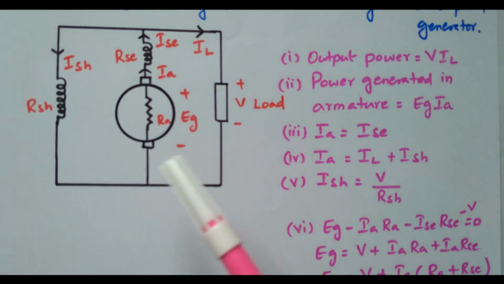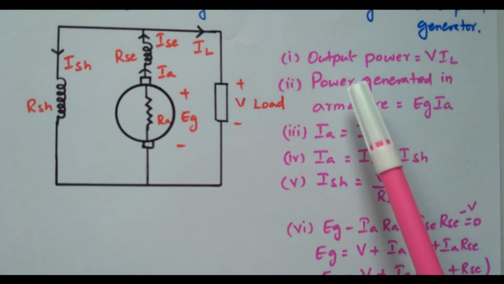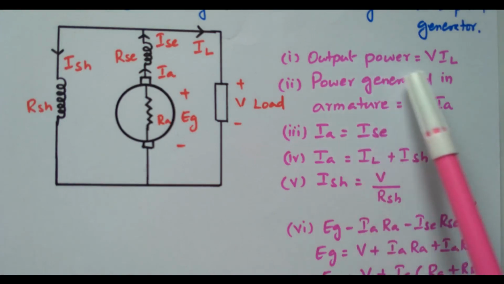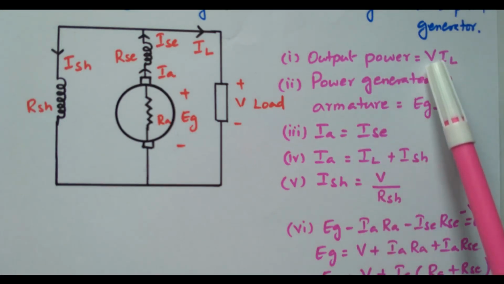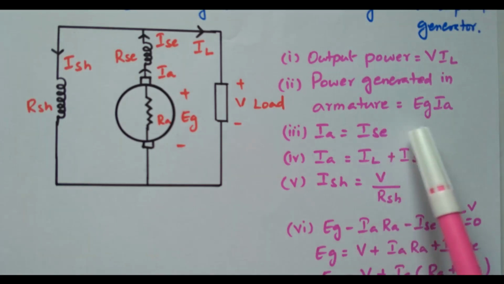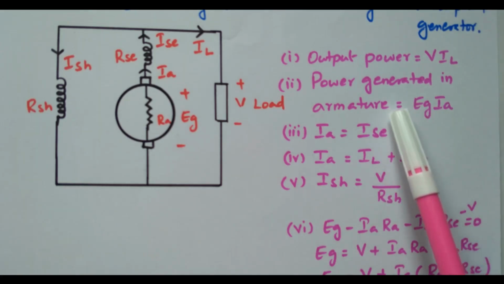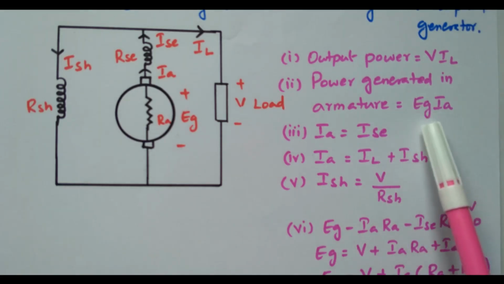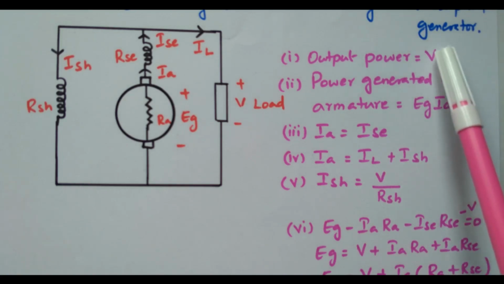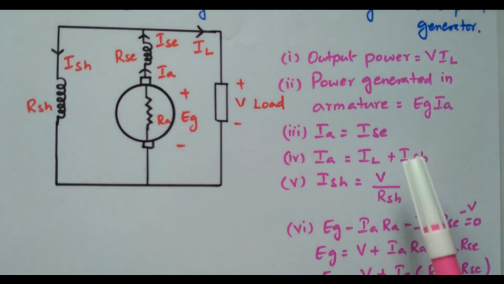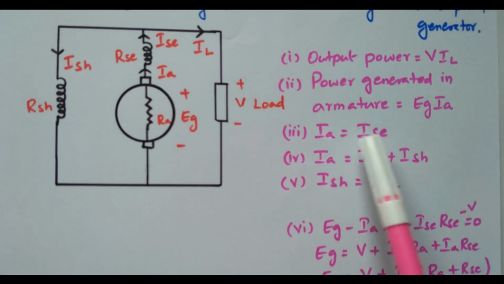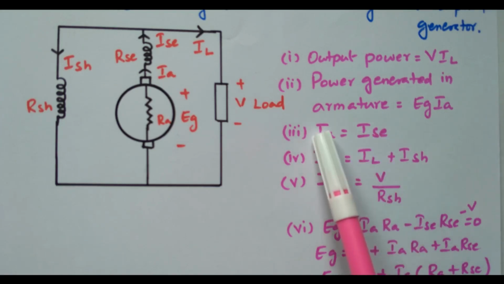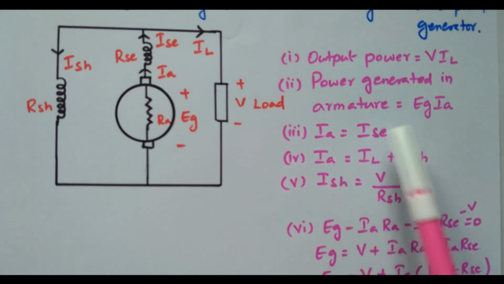So we will see what the drops available are. The output power will be V into IL, load terminal voltage and load current, right. The power generated inside the armature is EG into IA. After the drop, the balance will be available here. IA equal to ISC, the armature current and series field current are equal.